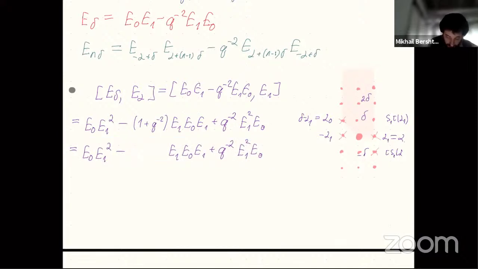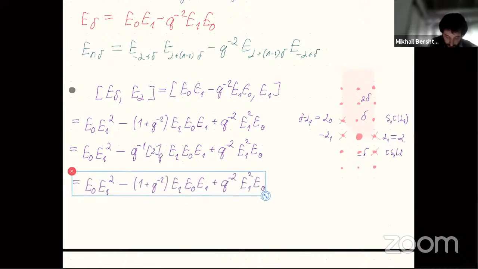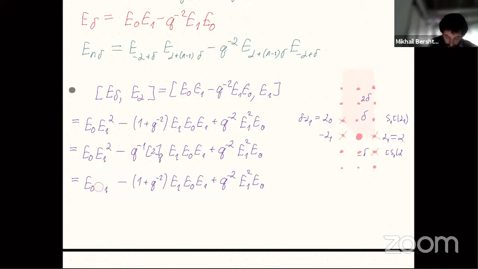The simple rewriting will be here q inverse and here q. And one more simple rewriting will be to move this to the q-bracket. And here, E0, E1 in square bracket minus q inverse, and here again E1 in the q-bracket.